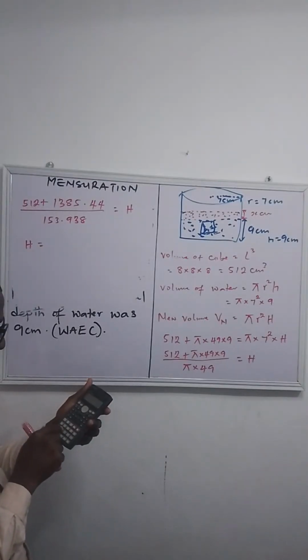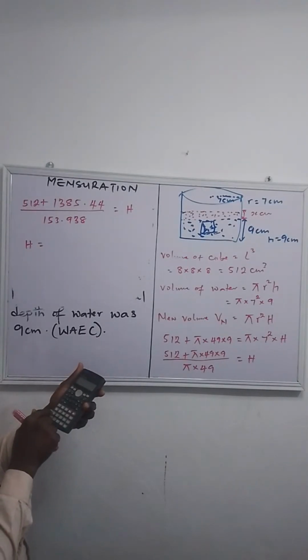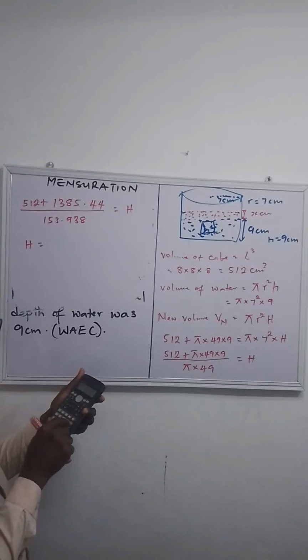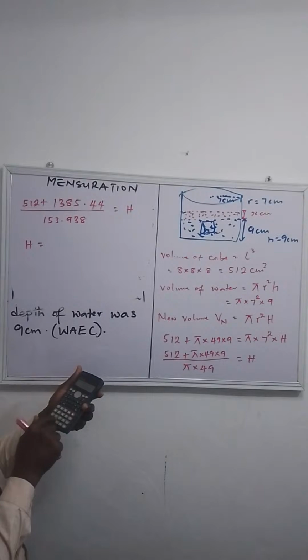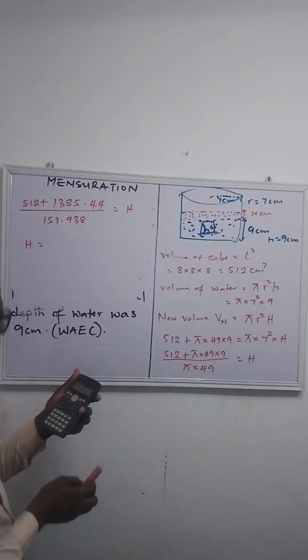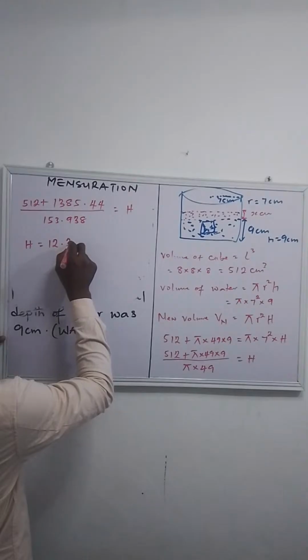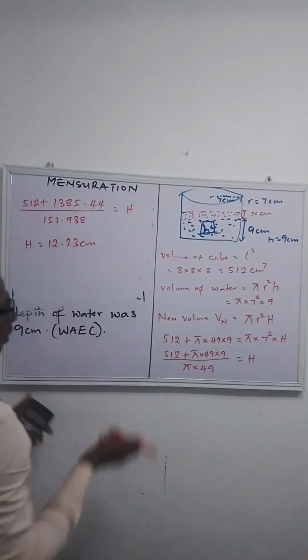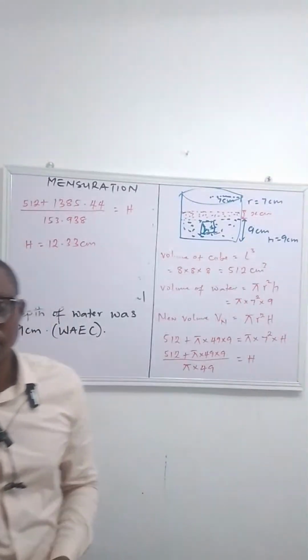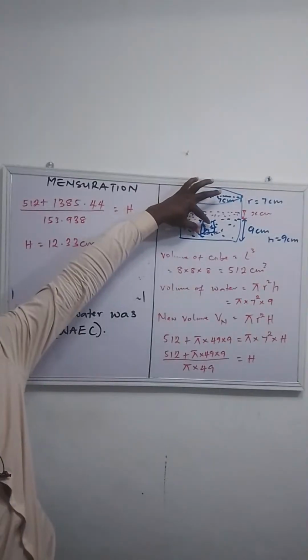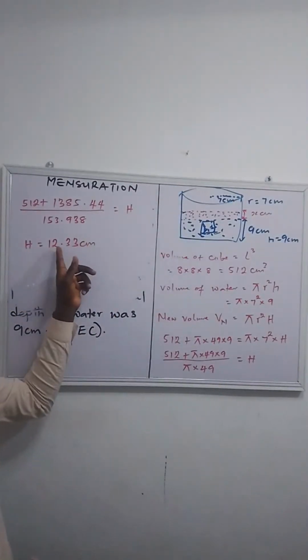You have 512 plus 1385.44 divided by 153.938. So now what we have is 12.33 centimeters. So now the new height when this cube is dropped inside is 12.33.